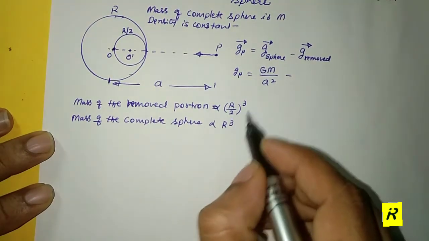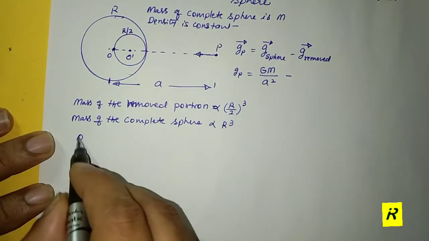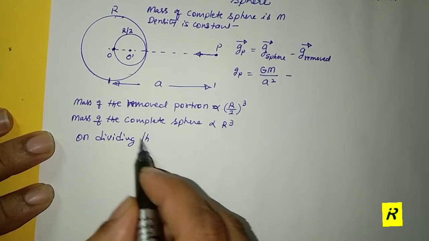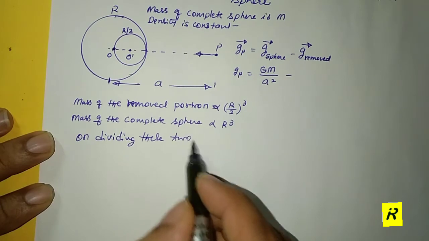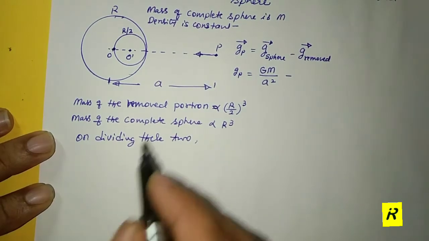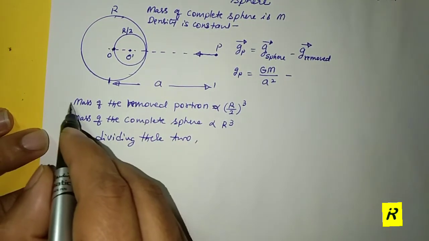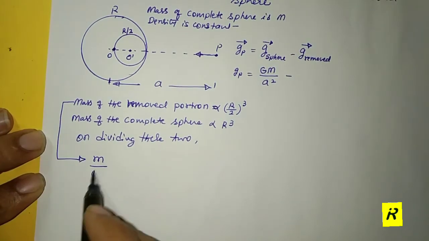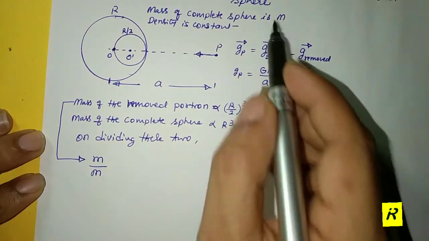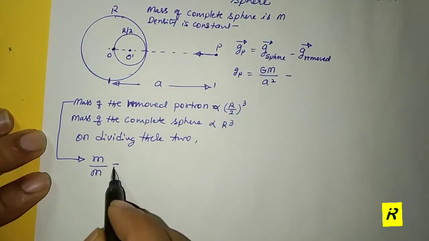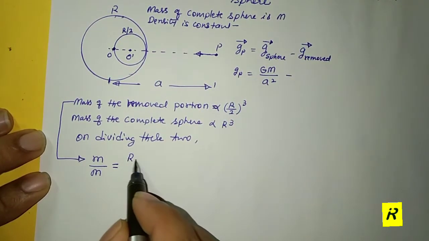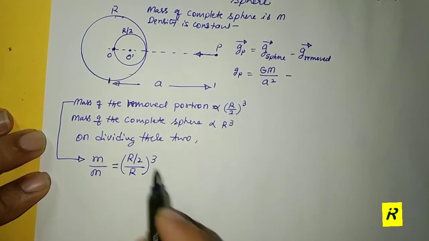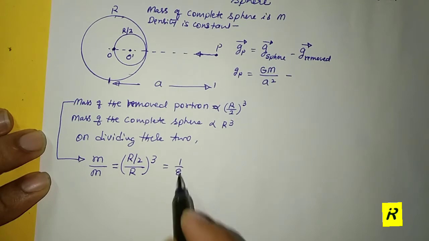So when you divide these two things together, on dividing these two, we get the mass of the removed part divided by the mass of the complete sphere M capital, which is equal to r divided by 2 and divided by r whole cube. This can be written as 1 divided by 8.